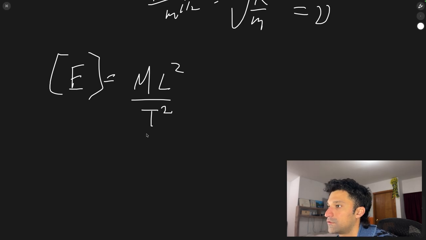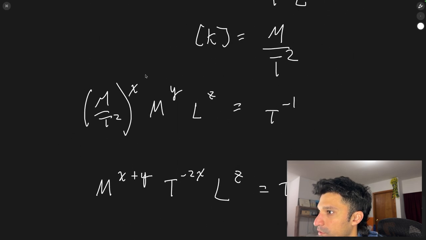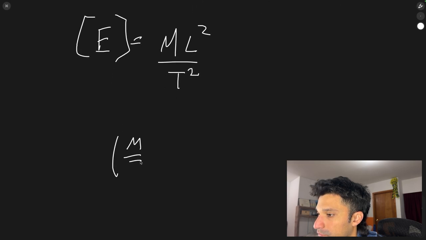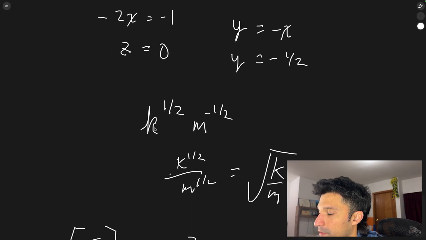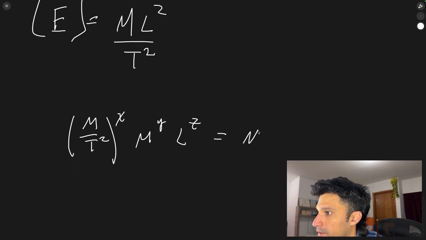So we need our k, m, and position. So k being this guy, m over t squared. m is just m to the y, and then L to the z, we need that to equal m to the 1, L squared, and t to the minus 2.